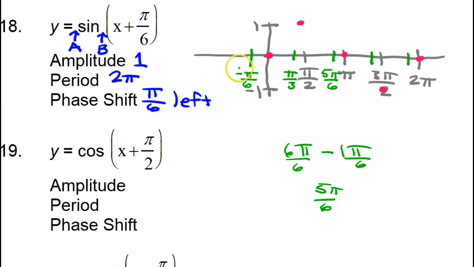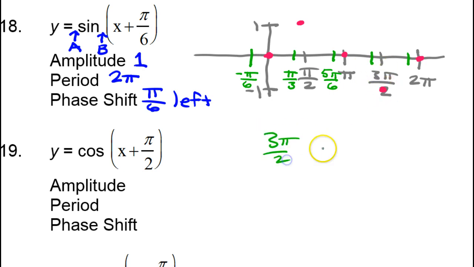What about this mark right here? Well, it's to the left of 3 pi over 2. So I'm doing 3 pi over 2 minus pi over 6. All right, because that's my phase shift. Well, I need like denominators. So I'm going to multiply this by 3.